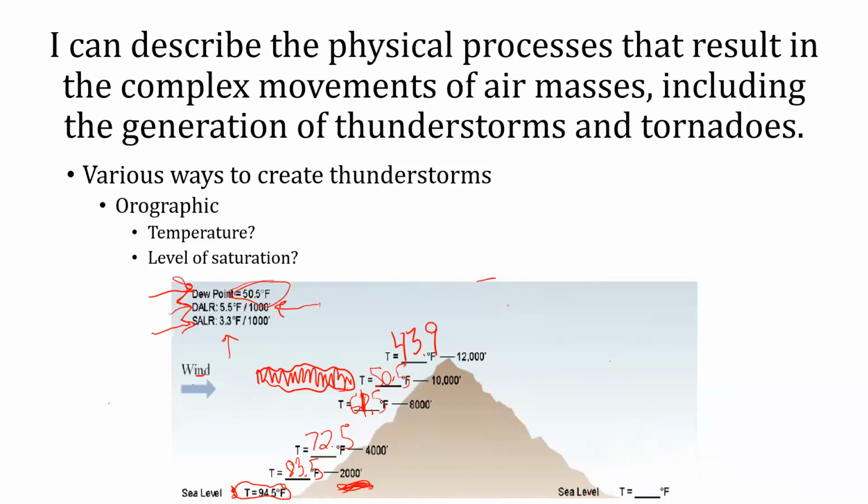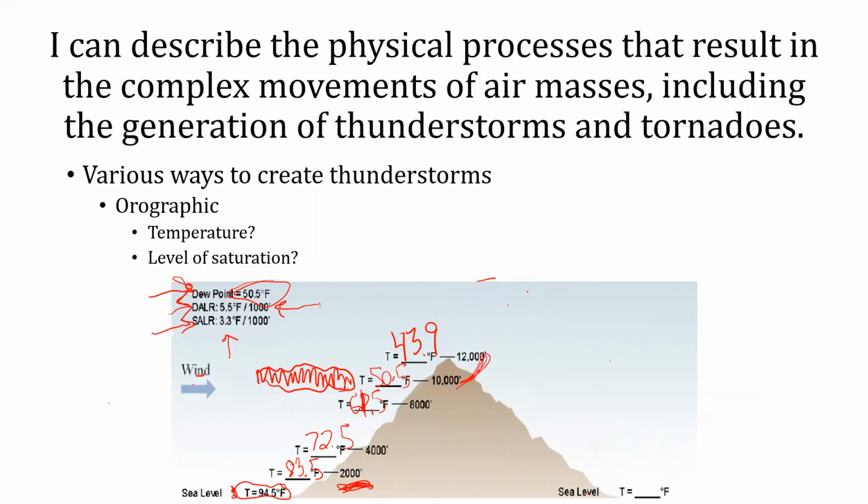43.9. So you're right, when we switch to the saturated rate, we're still going up by 2,000 feet. So we definitely needed to double that. So that should be 50.5 minus 6.6 equals 43.9. Now, on the way back, we're going to use the dry rate.